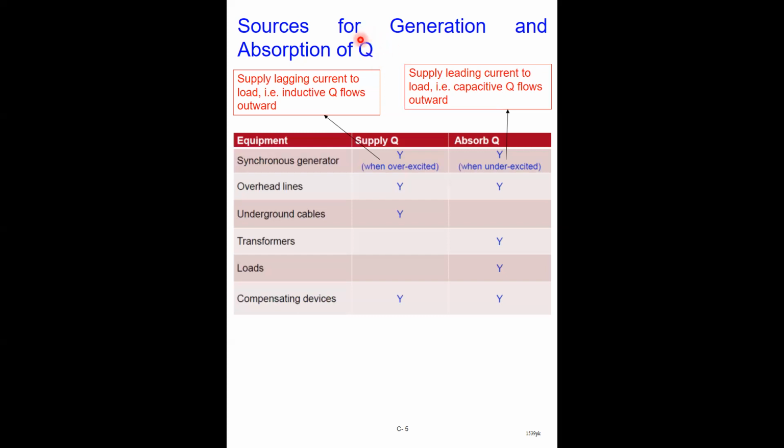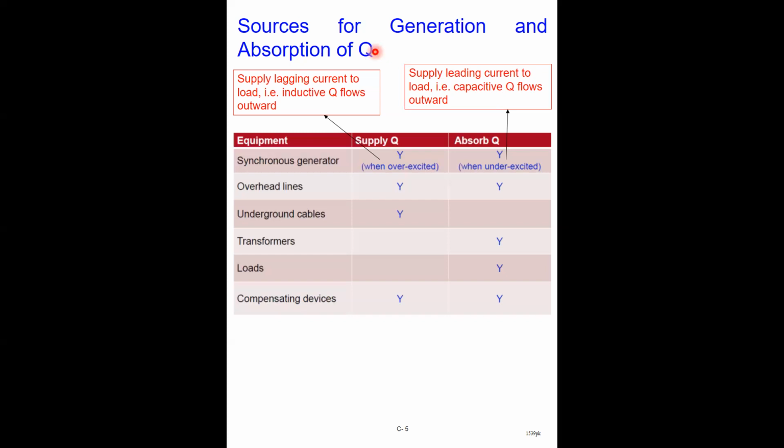But when you talk about reactive power balance, you have generation and absorption of reactive power at several stages. You can see that all these components are involved in generation and absorption of reactive power.